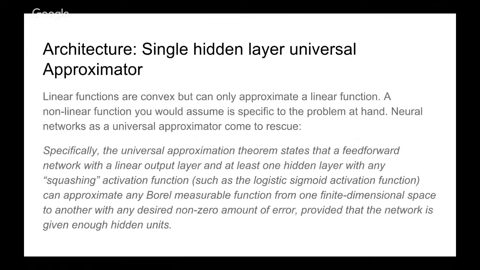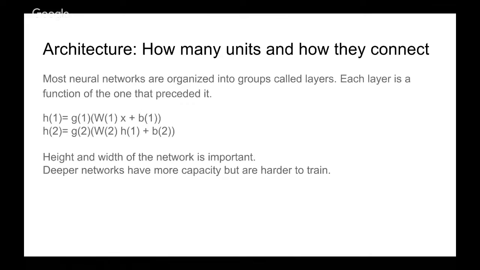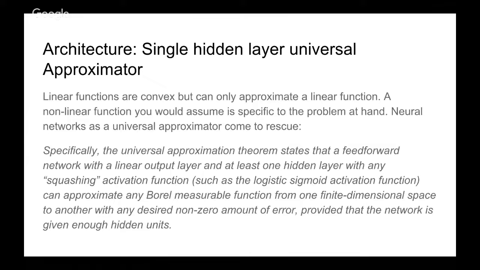So there is a very nice theoretical framework to understand this, which is called a universal approximator. Just to give some background, initially we used linear functions, but linear functions can only approximate linear functions.